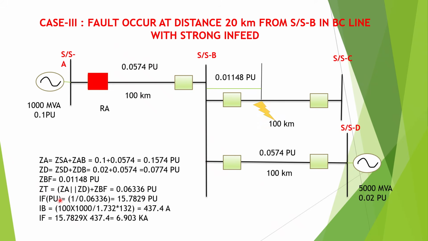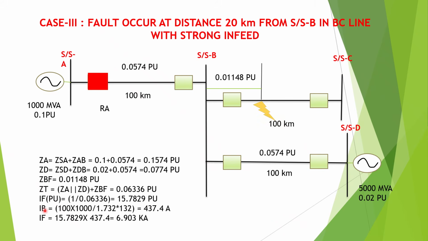Now ZBF is the same, that is 0.01148 per unit. The equivalent impedance seen at the fault point will be equal to the parallel combination of ZA and ZD, plus ZBF, which comes as 0.06336 per unit.